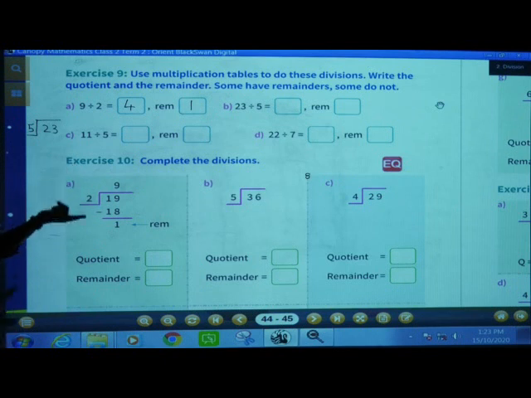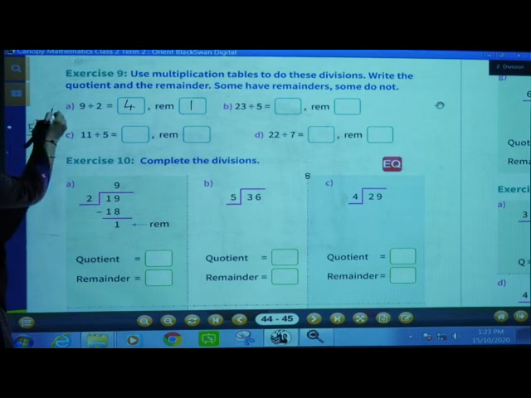But 25 is bigger than 23. We can't take 25. We have to see a smaller number than 23. Then which is the smaller number than 23? 20. 5 fours are 20.